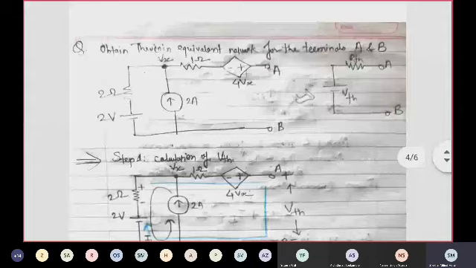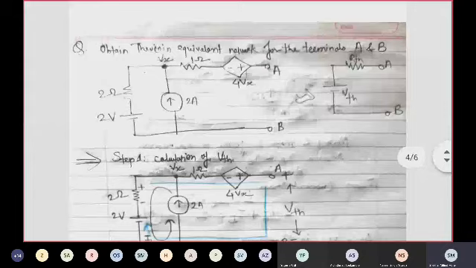Now see here, we will see the first problem for Thevenin's equivalent network. Obtain the Thevenin equivalent network for terminals A and B. A and B terminals are given.